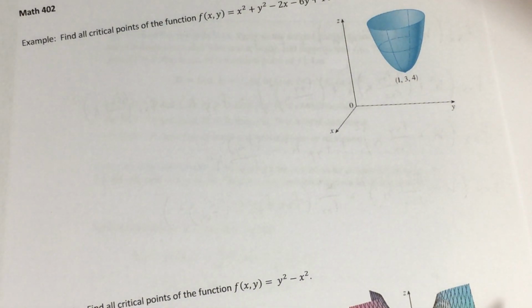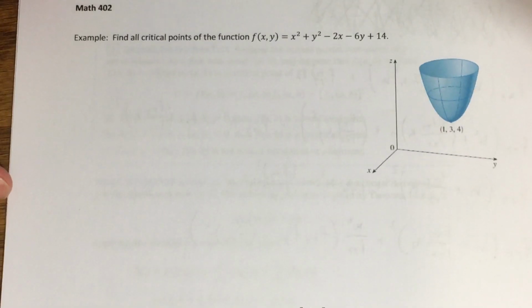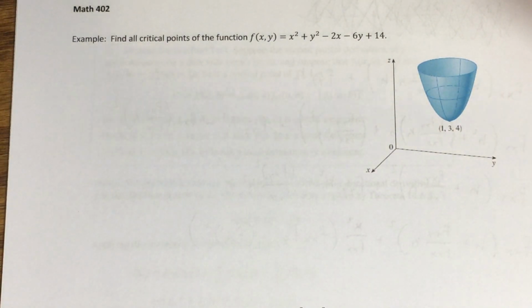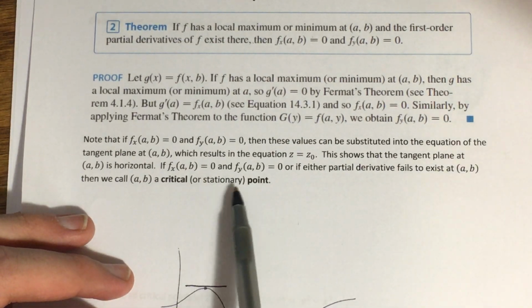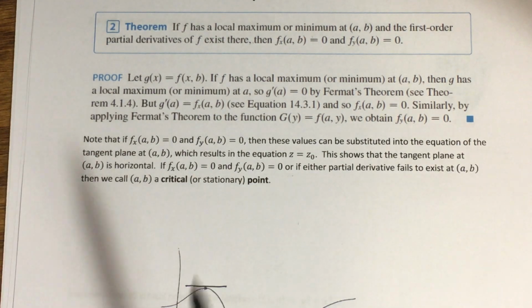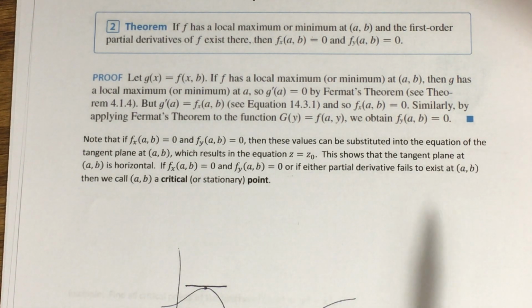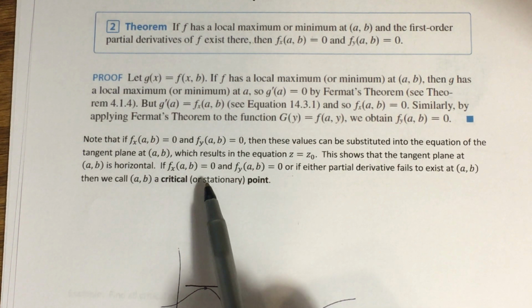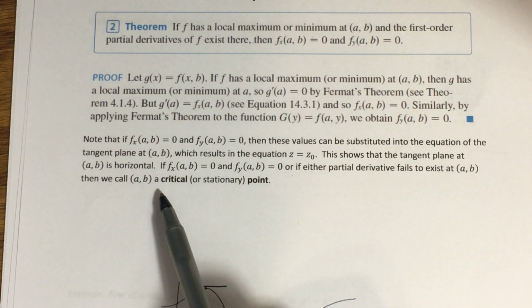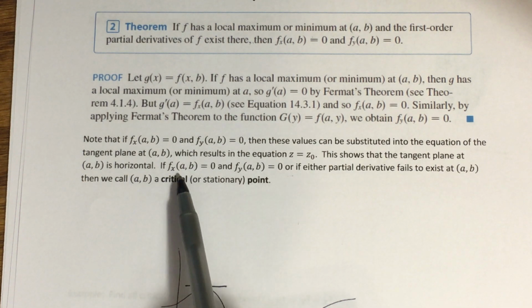All right, so I want to find all of the critical points of this function. And again, what are we calling critical points? I don't think I stated it actually. When I refer to a critical point, it's similar to what we call critical points in Calculus 1. A critical point of a function of two variables, f of x, y, will be a point at which either of two things happens.